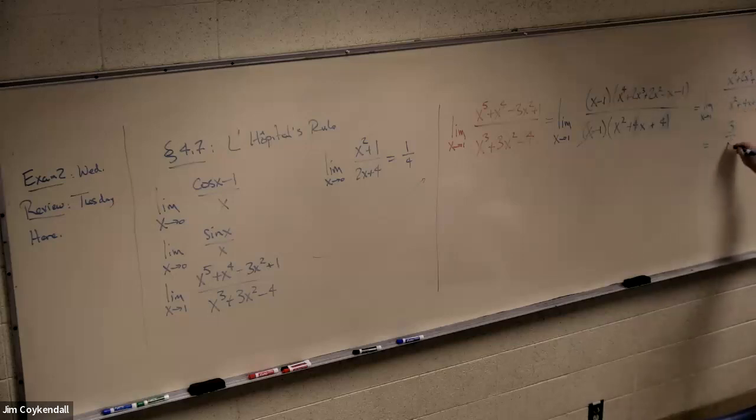And that's 9. So I get 1/3. But obnoxious, right? I think we can all agree this is an annoying problem.